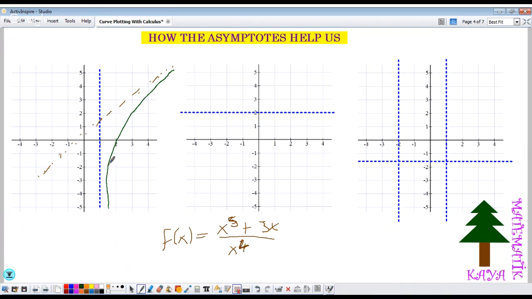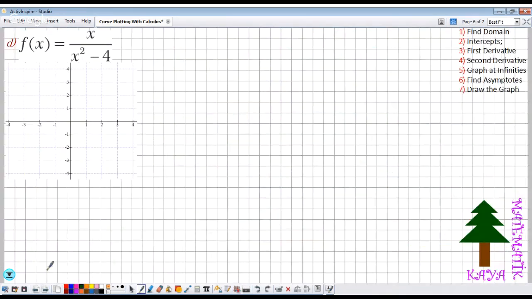So now we will check that on an example, in the last example. So now, example B. We should again do the steps. The first step, domain. Since we have a rational function, the denominator cannot be 0 at any time, which we can factorize as x minus 2 times x plus 2 is equal to 0.